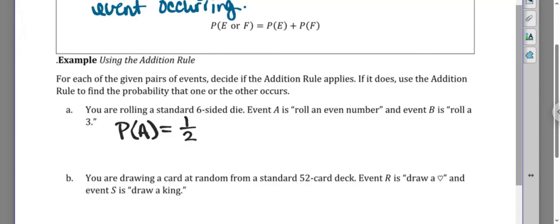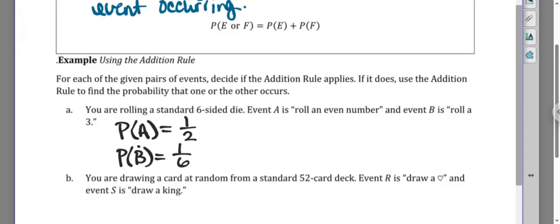The probability of B is 1/6. 1 out of the 6 options.